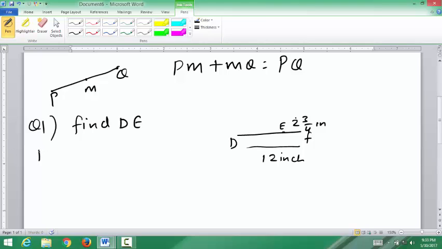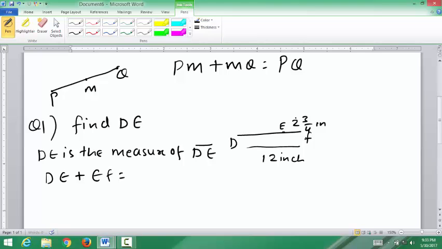So DE plus EF is equal to DF. So this will become DE plus, now what is EF?